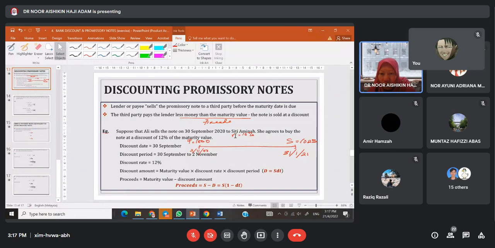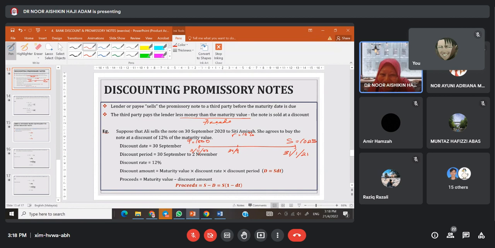Tetapi Ali sells the note to Siti Aminah on 30th September. Sebelum bulan 1 tu kat sini. 30th September. Wah, ni salah ni. Kenapa salah? Sebab dia jual sebelum the date of note. Sebab date of note dah bulan 11.